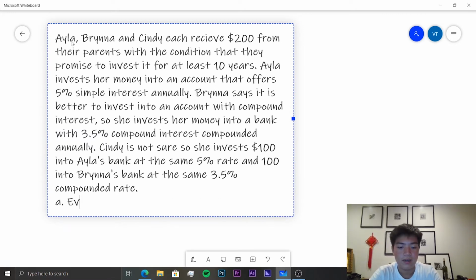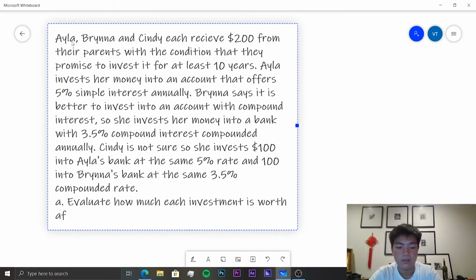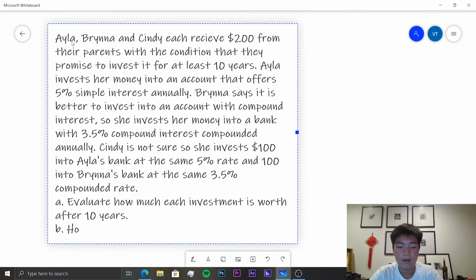First, evaluate how much each investment is worth after 10 years. B, how much is each investment worth after 25 years?